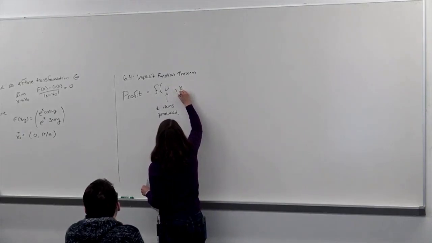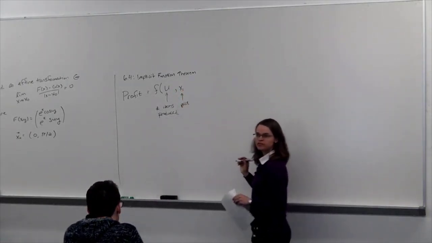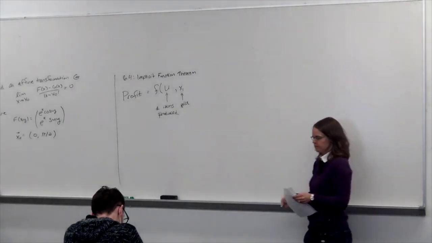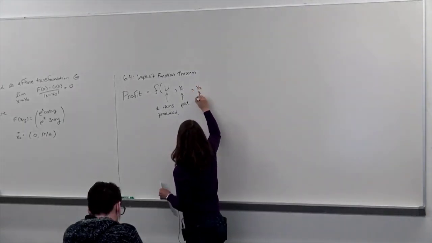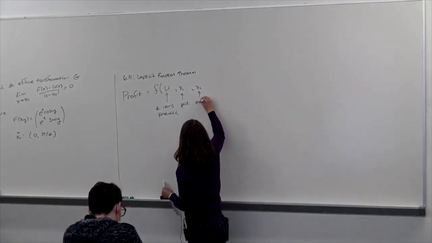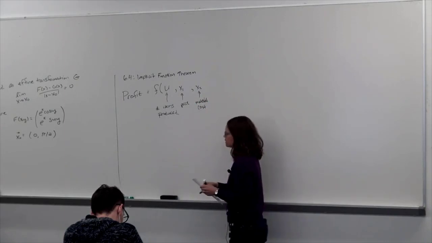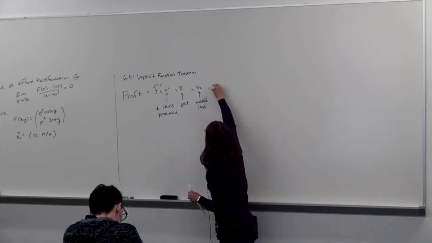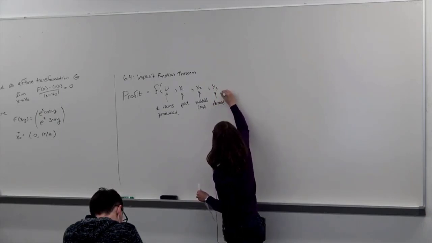For example, maybe the price people are willing to pay for these things. There's cost of materials. There might be demand, and maybe others.